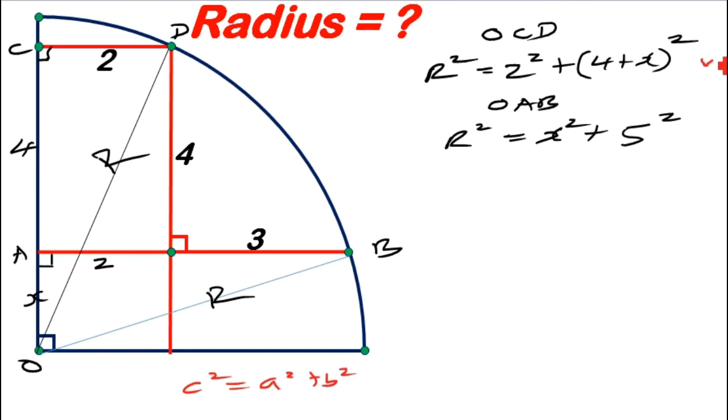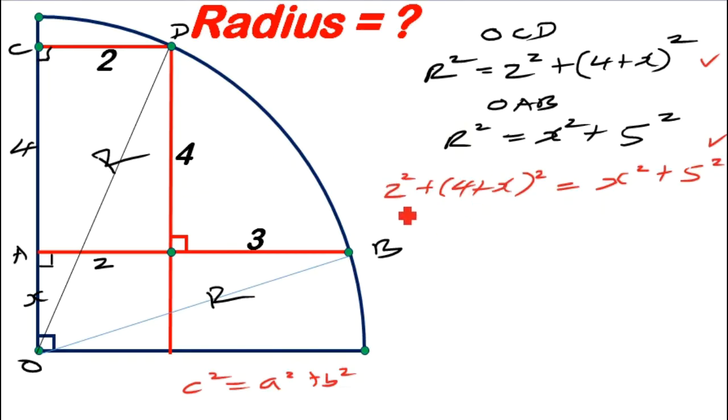Now these two equations are for R squared, meaning these two equations are equal. So 2 squared plus 4 plus X squared equals X squared plus 5 squared, because both of them are R squared.